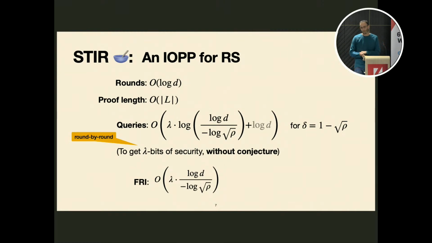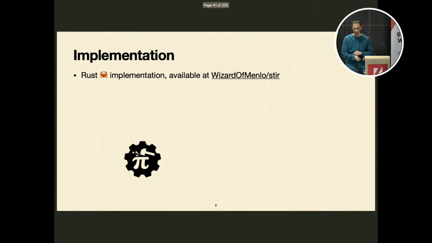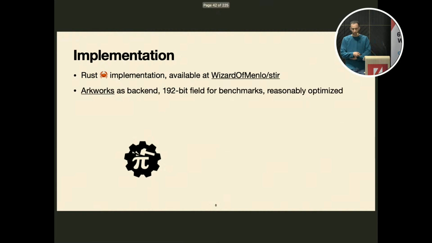We're going to see examples now, but D is like 2 to the 20, 2 to the 25, stuff like that. So we have this theoretical result, but what about practicality? What constants are hidden in this O? So we have a practical implementation. We implemented this in Rust, using the arkworks framework.